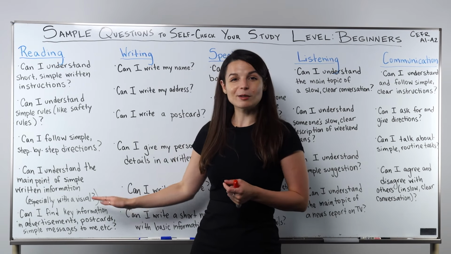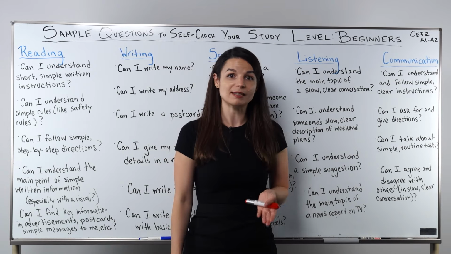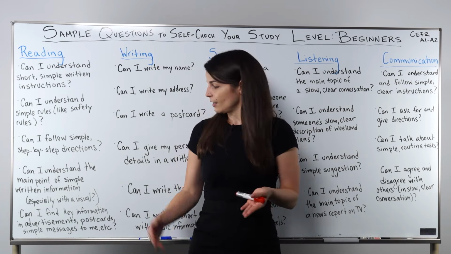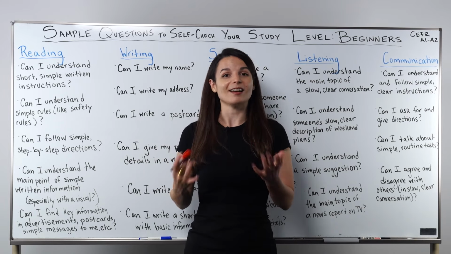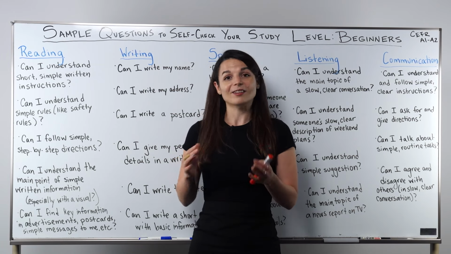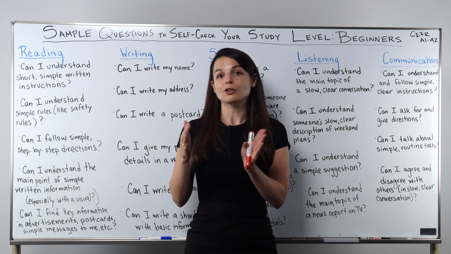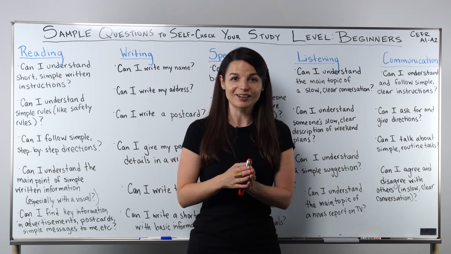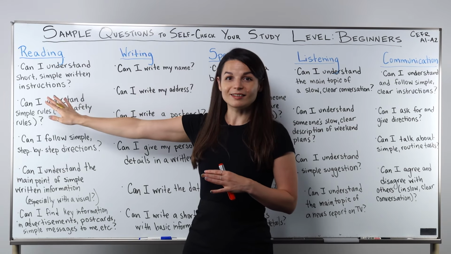Postcards or other similar pieces of mail. Simple messages like text messages or emails, and so on. So can you find the key information in those things? So ask yourself if you can do that. So these are some sample questions to help you understand what to focus on, what you need to work on, what you already know, and so on for your reading skills.